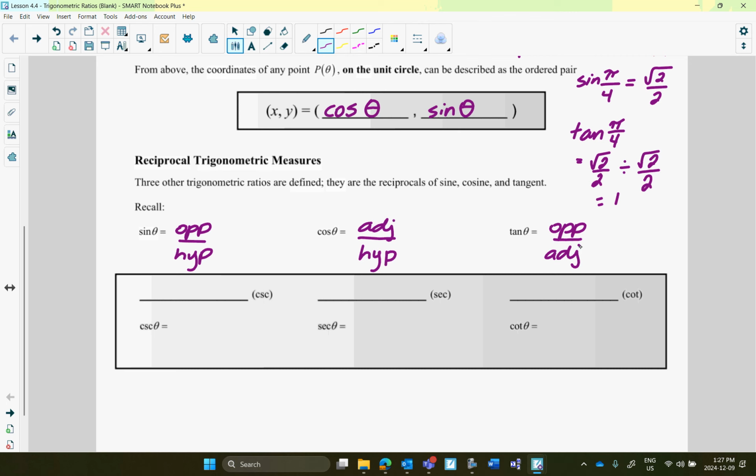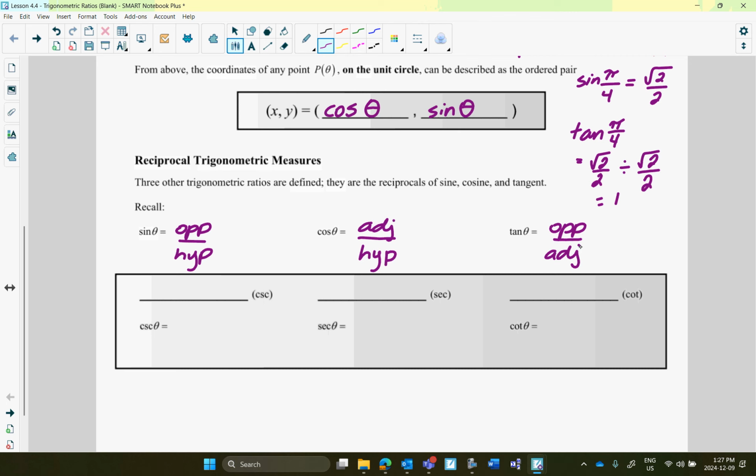What happens if we flip them all? If we flip them all, we get three new trig ratios. These are what's called the three primary ones. These are the ones we use most often. Okay, but we can use the other ones.